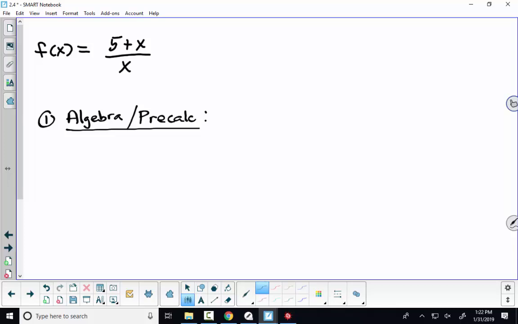Okay, yeah, so we should start with the domain of that function. The domain is all real numbers except for 0.